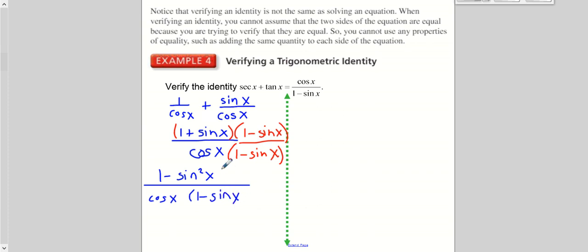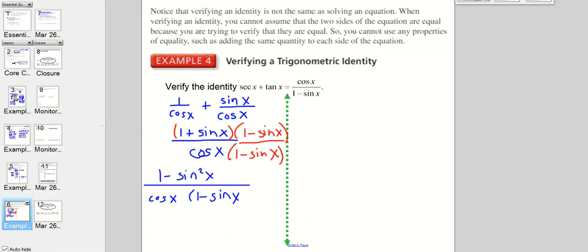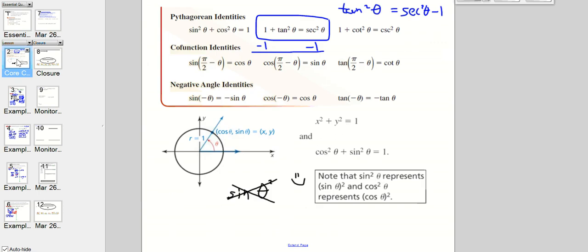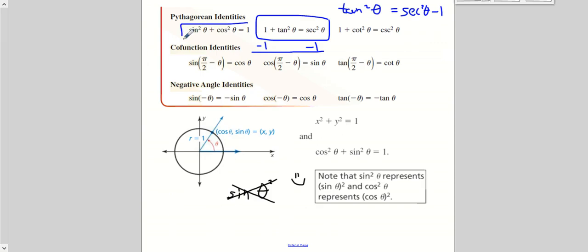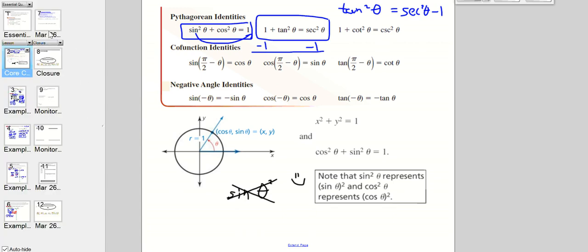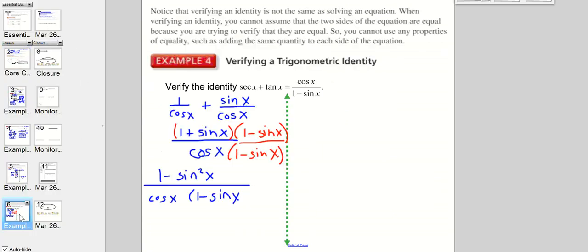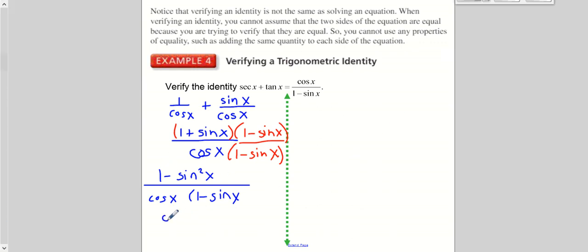Oh, what does 1 minus sine squared equal? Sine squared plus cosine squared equals 1. So 1 minus sine squared, if we move this over, cosine squared will equal 1 minus sine squared. So 1 minus sine squared is cosine squared.